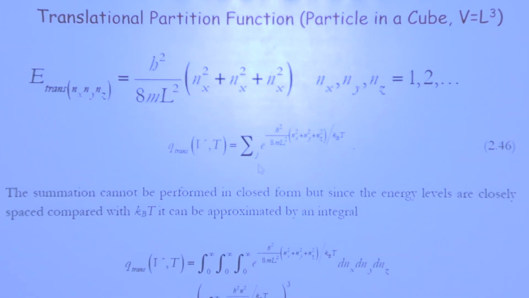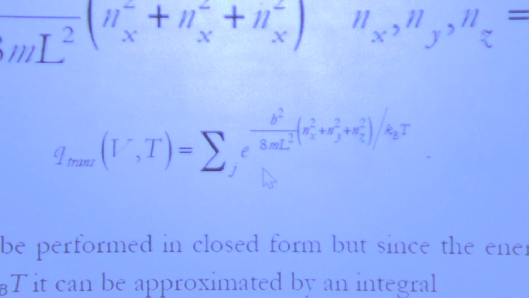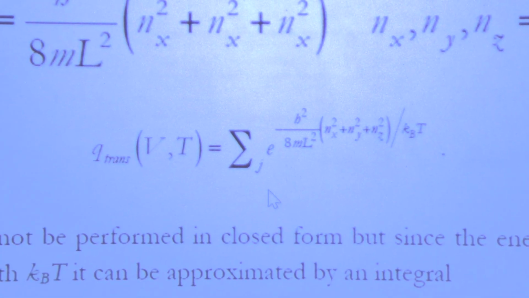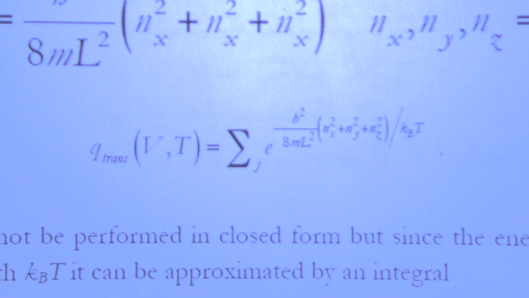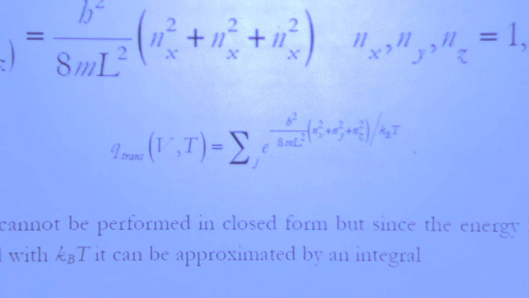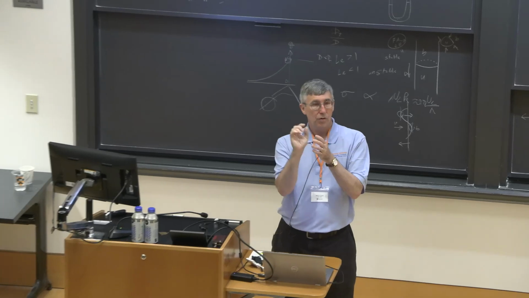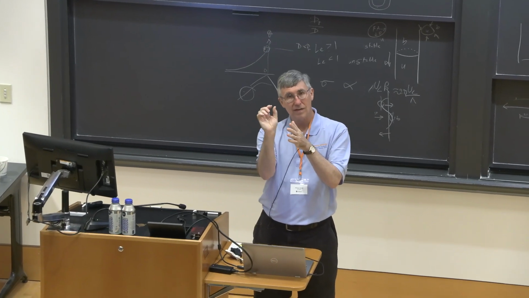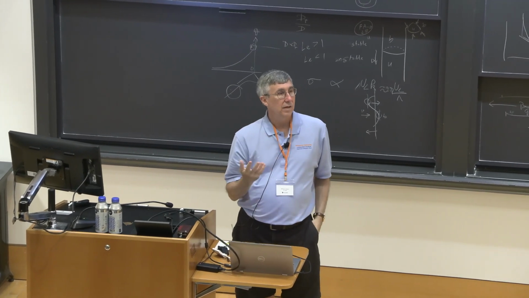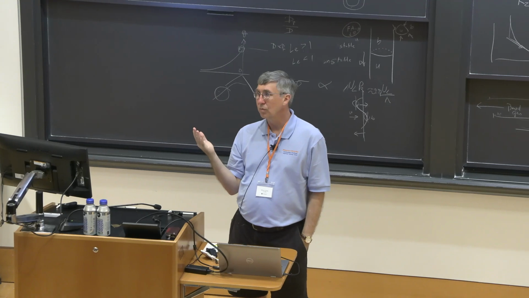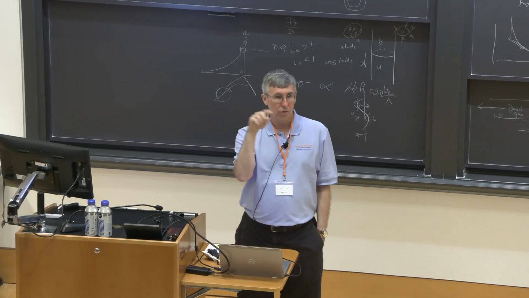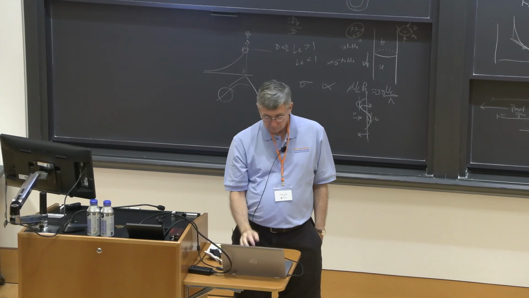And this sum, nobody knows the analytical form for this sum, but it's pretty close to this integral. Integrals and sums are kind of close to each other if your graininess is not too much. Just like we did the rectangle rule in high school to evaluate integrals as a sum of rectangles. Same kind of idea.